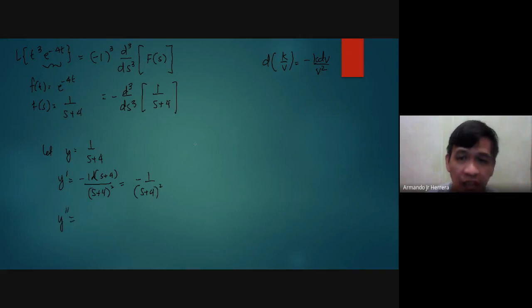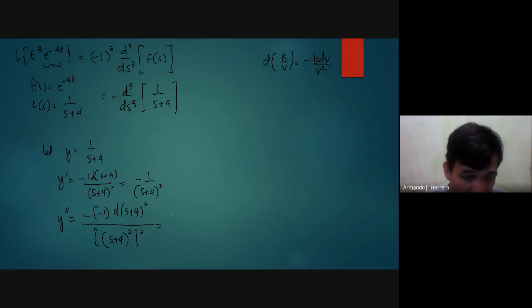Taking the second derivative, the constant here is negative 1. So negative of negative 1, times the derivative of v, that's the derivative of s plus 4 to the second, over s plus 4 to the second, squared. Negative of a negative is positive, so that's positive 1. Derivative of s plus 4 to the second power using the general power formula: the derivative of u to the n is n u to the n minus 1 times its derivative.